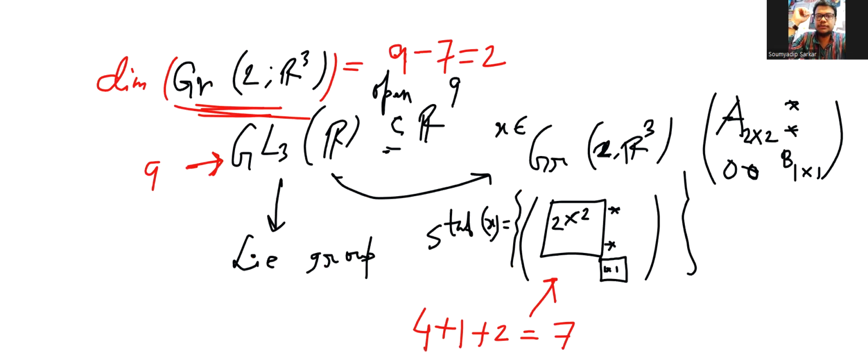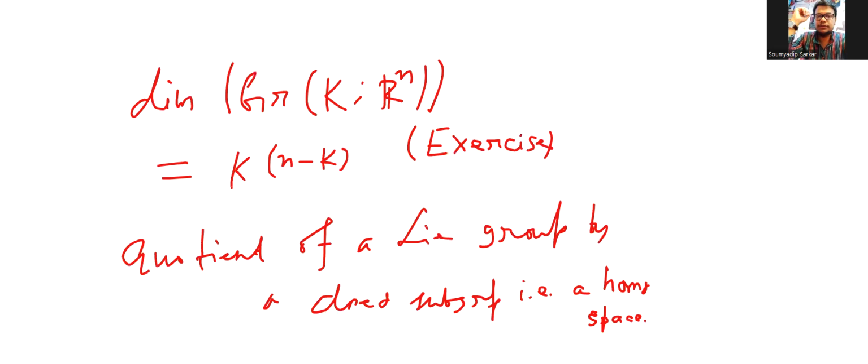The dimension of the Grassmannian Gr(2, R^3) is just 2, and in general you can prove that the dimension of Gr(k, R^n) is k into n minus k. You can also do this exercise and write down the solution in the comment section.